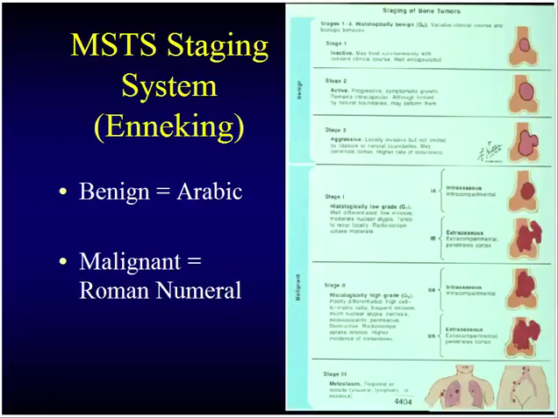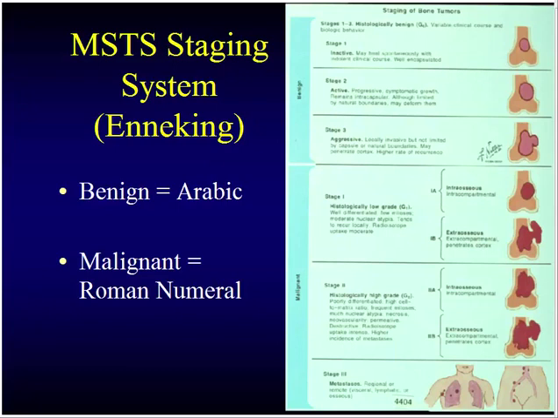So again, the staging system for Enneking is stage 1, 2, and 3, Arabic, which are benign. Inactive lesions, active lesions, and aggressive lesions. So an inactive lesion might be an inactive cyst that's been there for a while. An active lesion might be a non-ossifying fibroma in a young kid. And an aggressive lesion might be a giant cell or a chondroblastoma. Everybody gets that idea, but they're all benign.